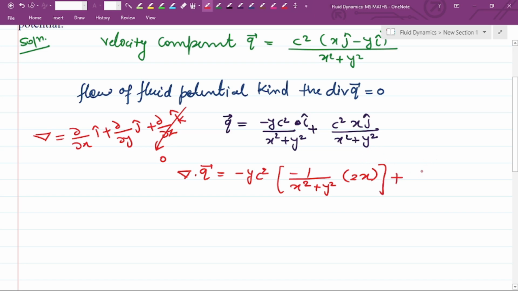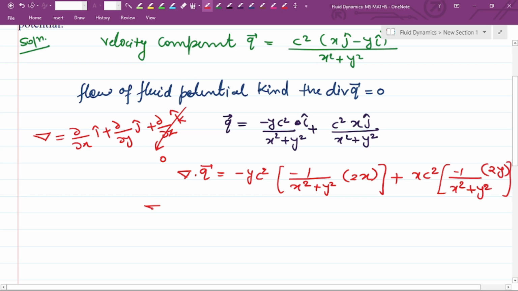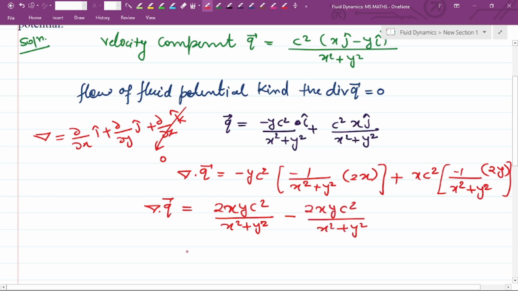In the same manner, plus x, and c square will be the constant for this, so it will be minus 1 upon x square plus y square into 2y in the similar manner. Now we will simplify this. Then del dot q vector is plus 2xy c square upon x square plus y square minus 2xy c square upon x square plus y square. It means the divergence of q vector is 0.